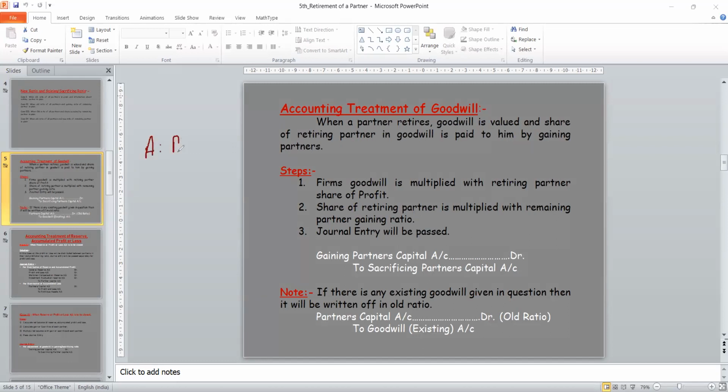A, B, and C. Three partners. Let's say there is one more partner, D. Four partners are there.